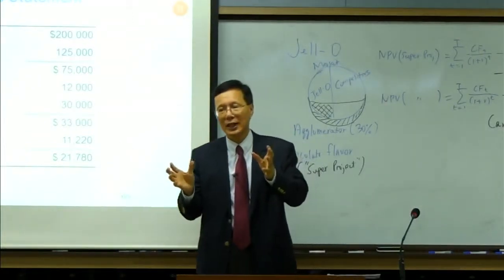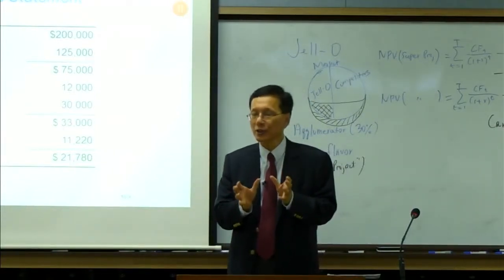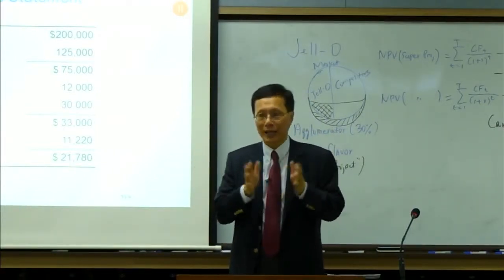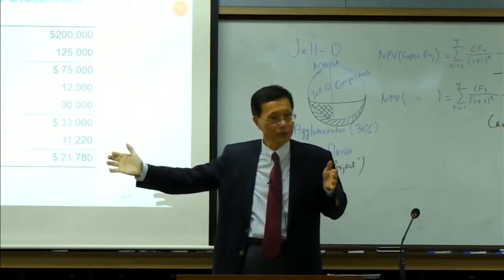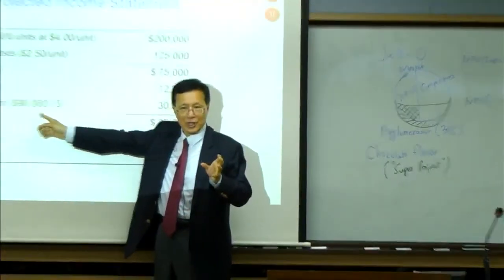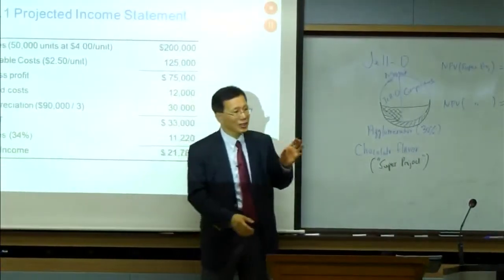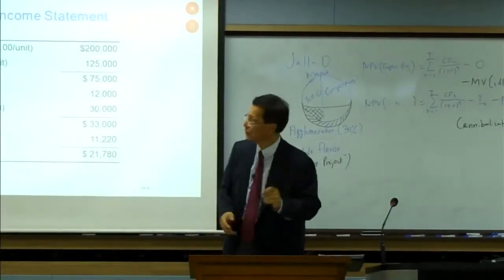Here's a machine that cost the company $90,000, and this machine is going to last for 3 years. So each year the company depreciates 1/3 of that amount.